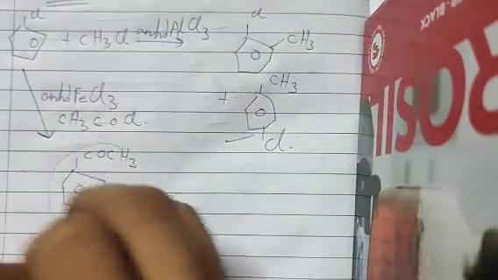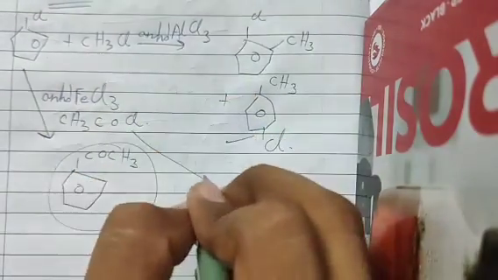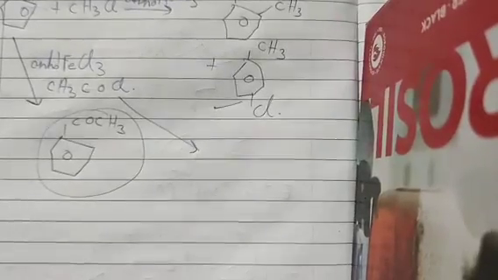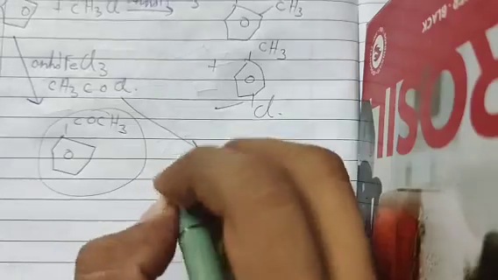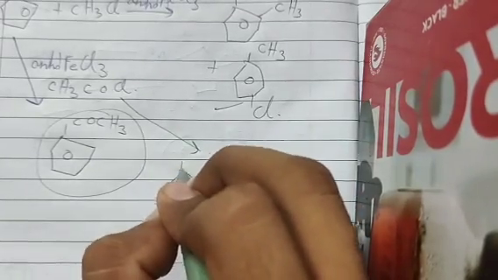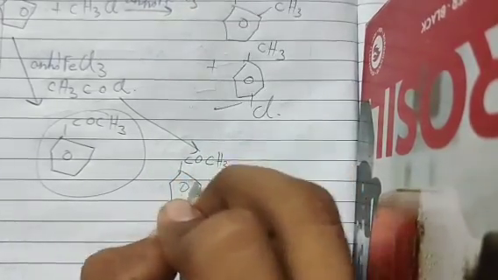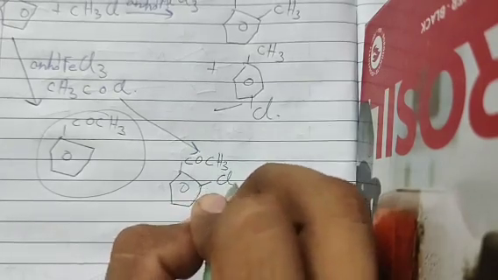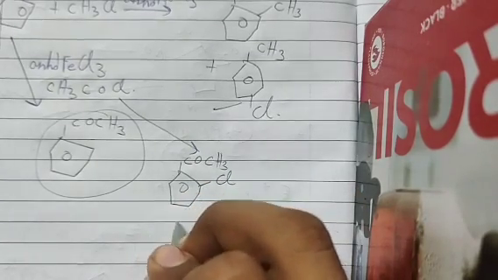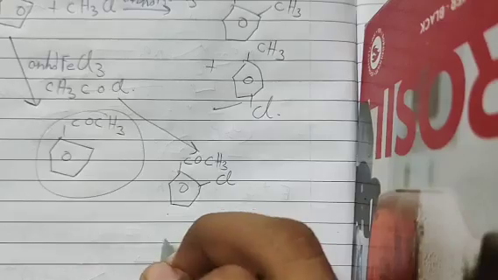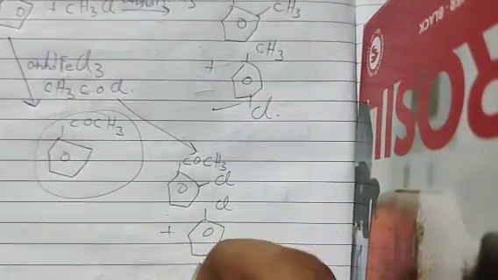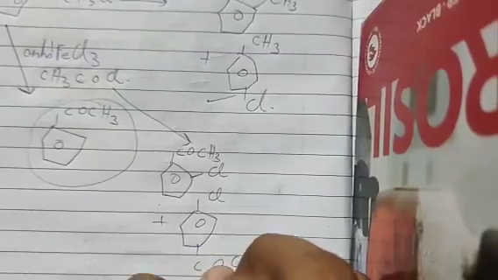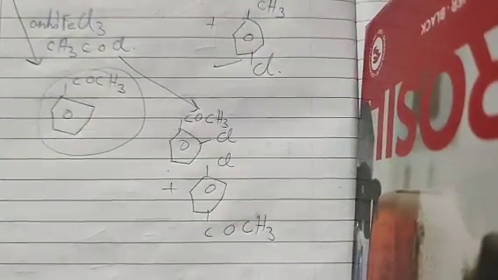So when I am treating the haloarene with anhydrous FeCl3 and CH3COCl, I am getting 2-chloroacetophenone, which is minor, and 4-chloroacetophenone, which is major.